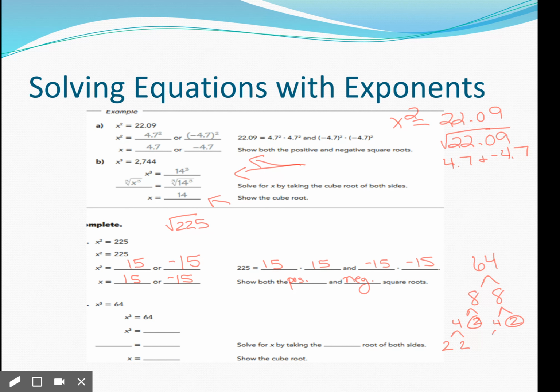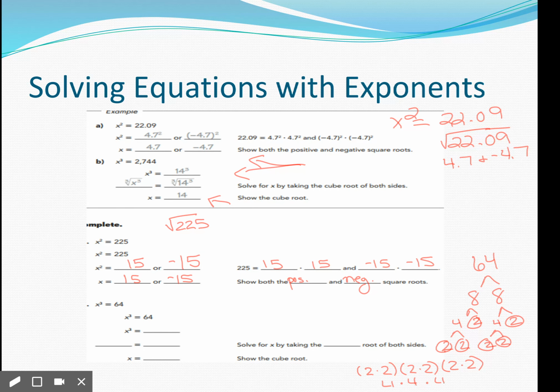So I keep going. So now I see that I have 1, 2, 3, 4, 5, 6 2s. If I wanted to break that up into 3 multiplication problems, I'd have 2 2s in each, which is the same as saying 4 times 4 times 4.